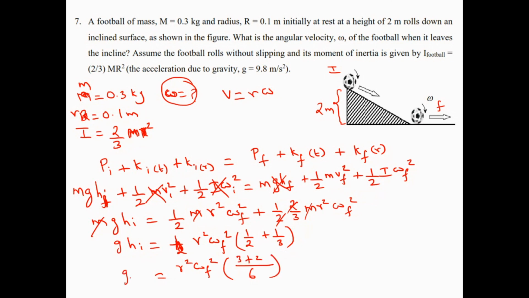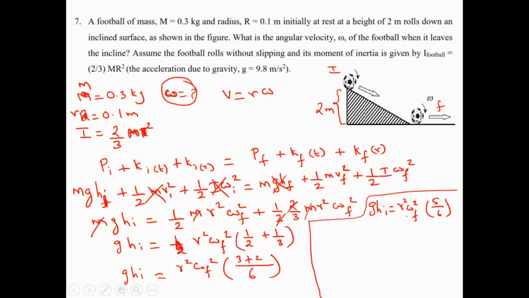The left hand side you have g h initial. So if you simplify further, what you will get? g h initial, which is equal to r square omega f square multiplied by 5 over 6, right?